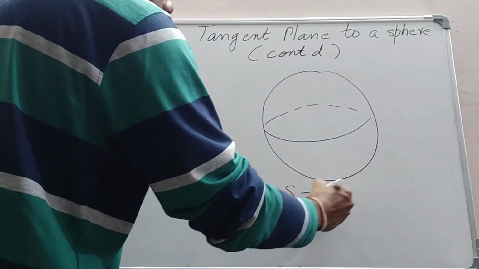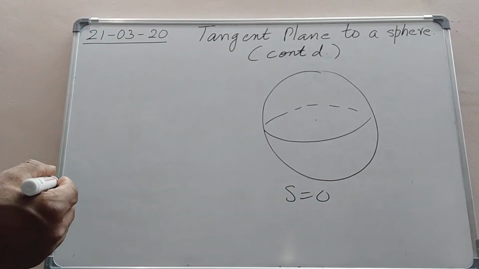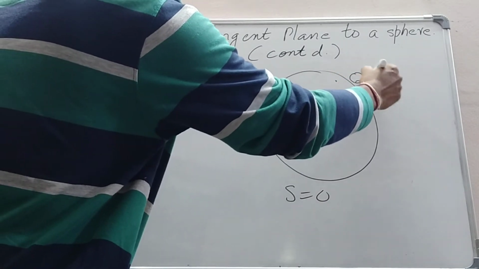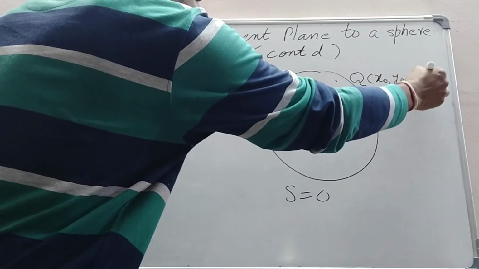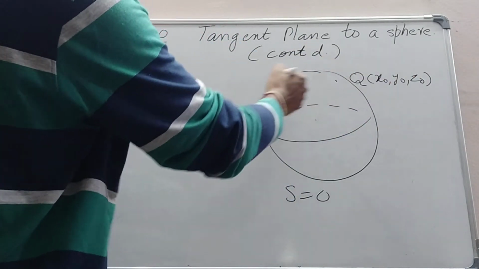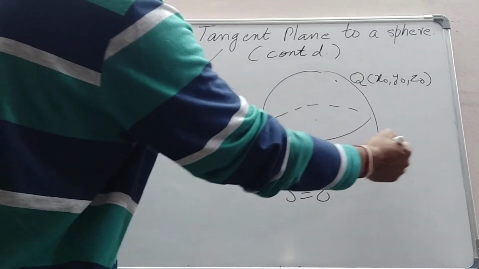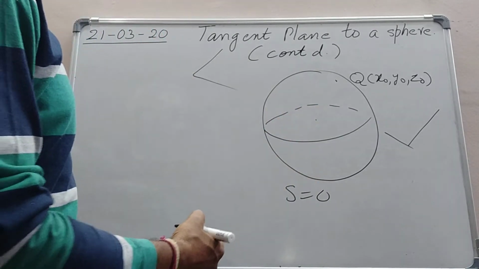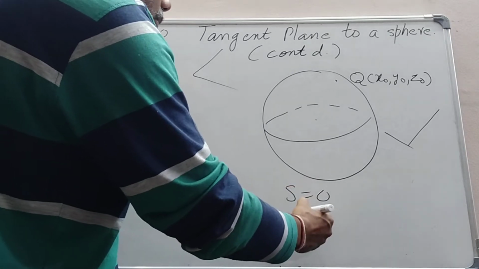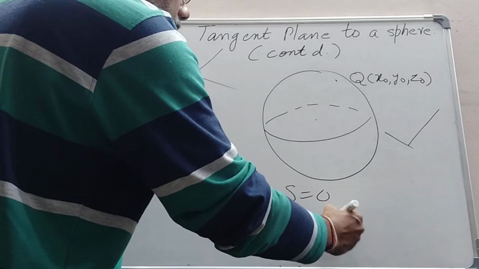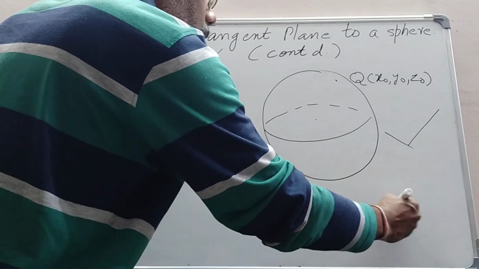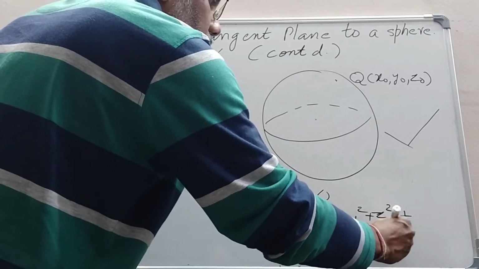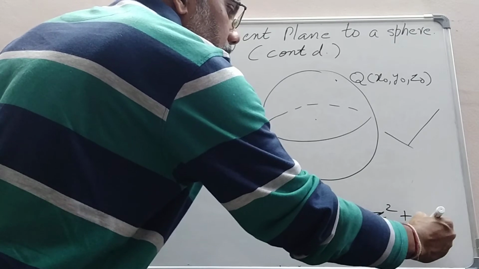So if S equal to 0 is the sphere, and if Q is the point x0, y0, z0, and we are interested in finding the tangent plane to the sphere at this particular point, when you write S equal to 0, S stood for x square plus y square plus z square plus 2ux plus 2vy plus 2wz plus d.